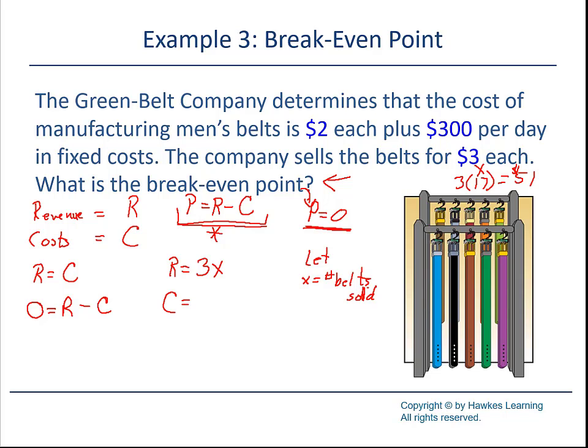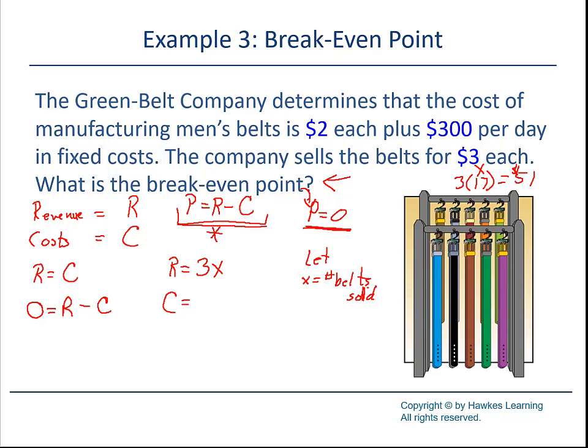Now the way I do this is I look at the fixed costs, because even if you don't sell any belts, there's a cost. Well, if we look above here, it costs $2 each to make, but we also have to spend the $300 per day regardless of how many we sell or make.